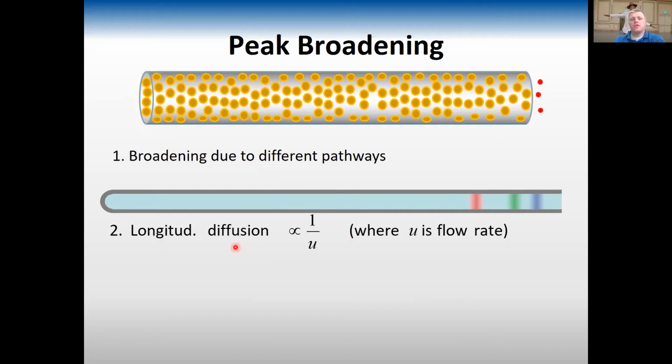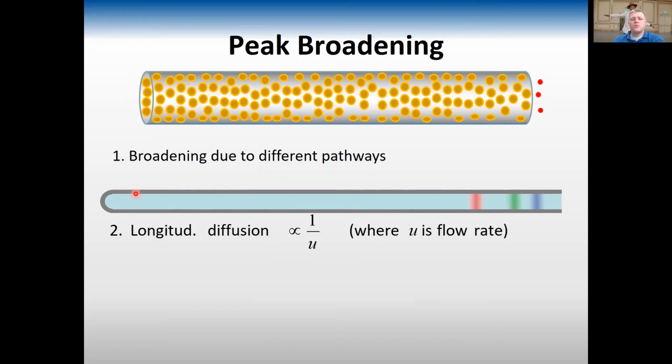So the amount of longitudinal diffusion you're going to get is actually proportional to 1 over the flow rate. So here I have the flow rate symbolized by the letter U. It's also often symbolized by a mu. But if you increase the flow rate here, your analytes are going to, A, have less time to diffuse before exiting the column because you'll be pushing them through quicker.